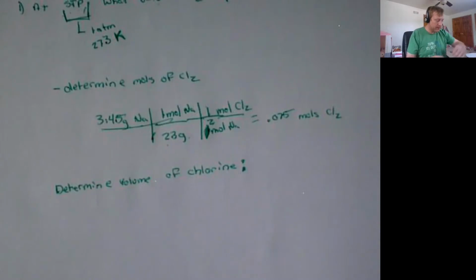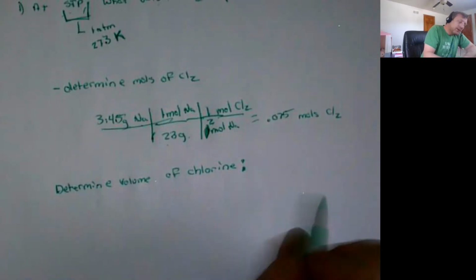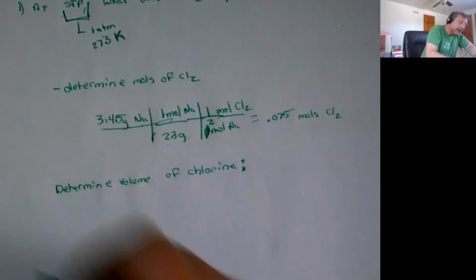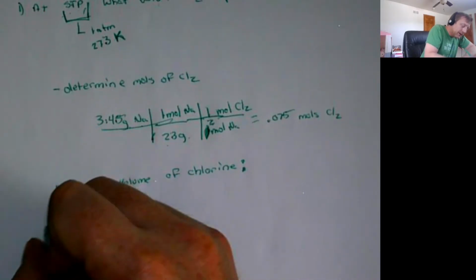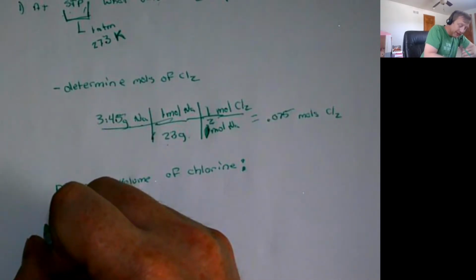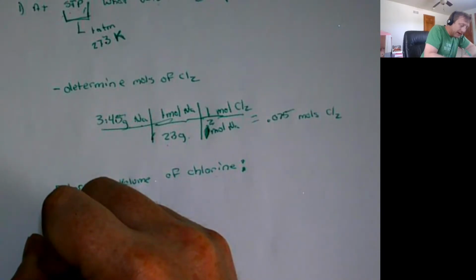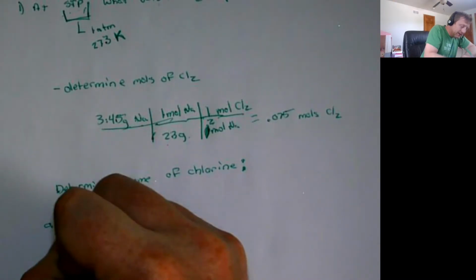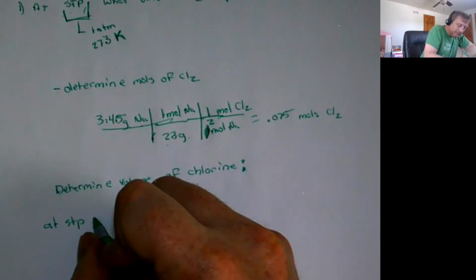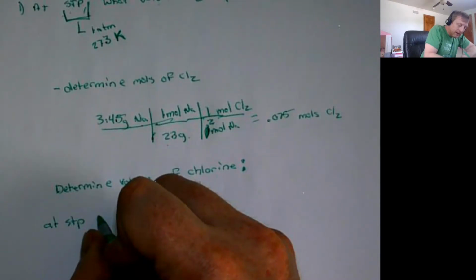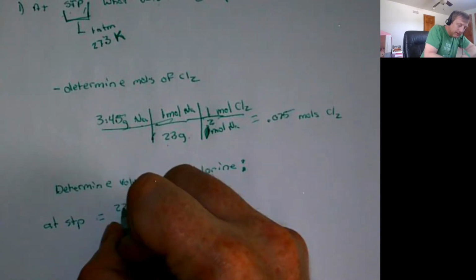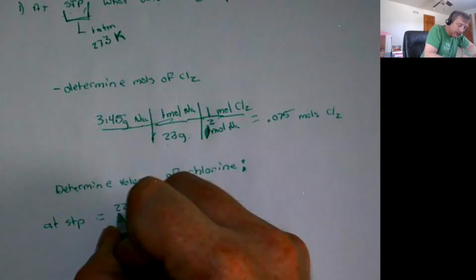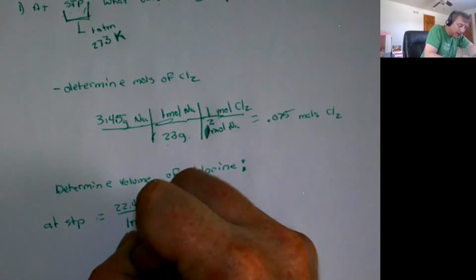So first, to determine the volume of chlorine, I'll do the easy way first. I'm going to use the fact that at STP, any gas has a volume of 22.4 liters per 1 mole.